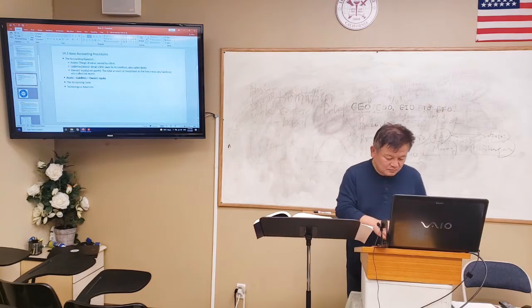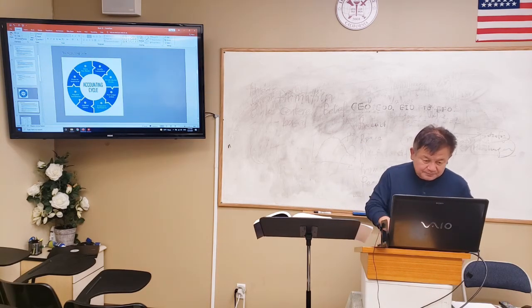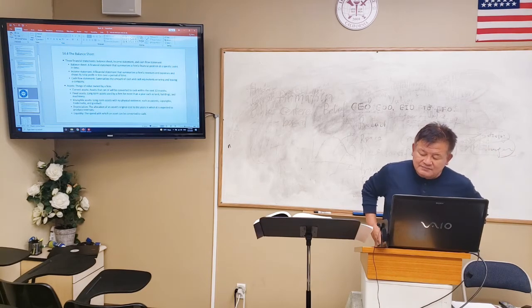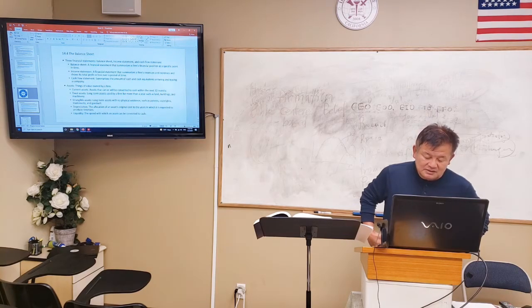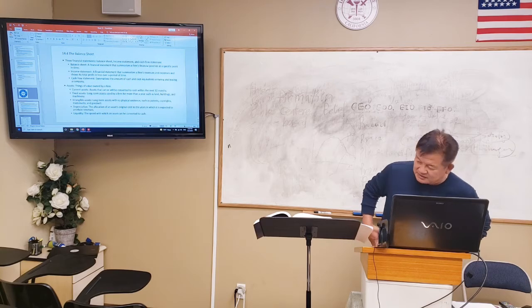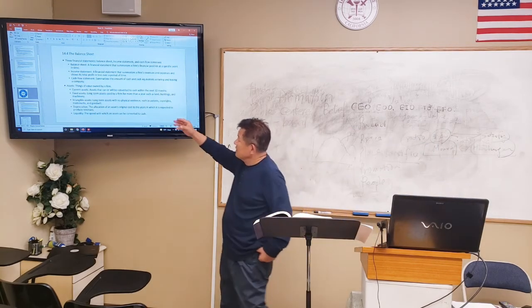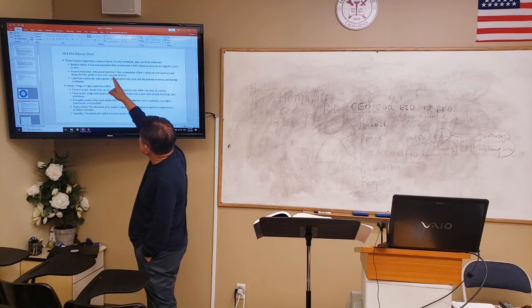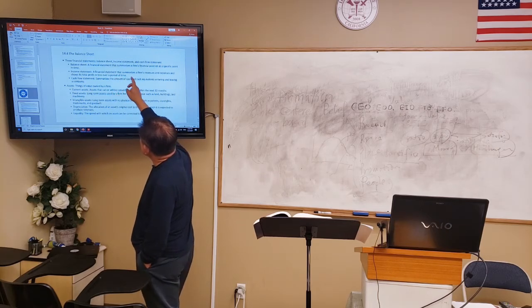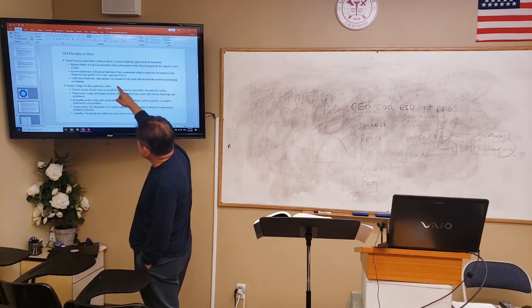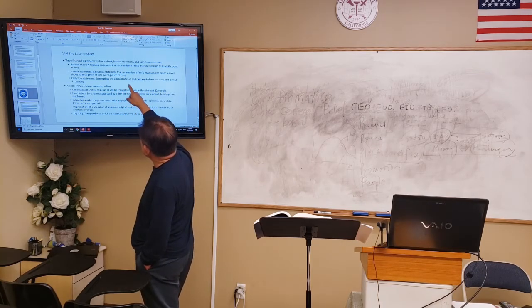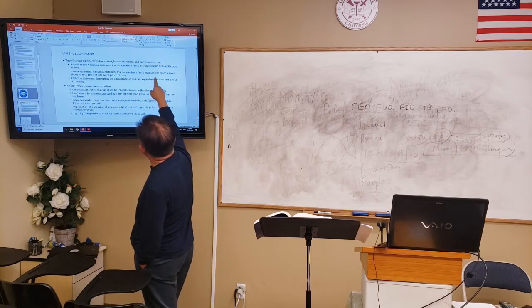Okay, let's move on. The balance sheet. I say the financial statement consists of three things: balance sheet, income statement, and the cash flow statement. Three things. The balance sheet shows the financial statement that summarizes a firm's financial position at a specific point in time.